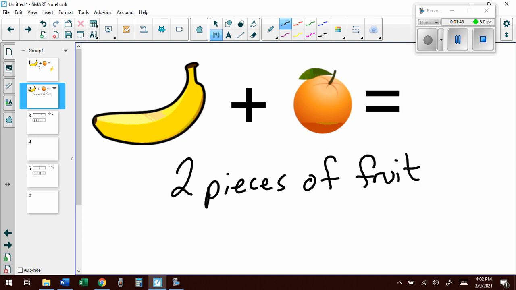Which makes a whole lot more sense. Well, we can carry that same knowledge over when we talk fractions and adding them if they don't have like denominators.